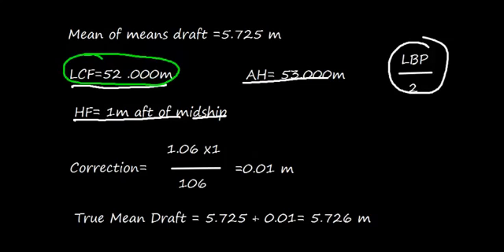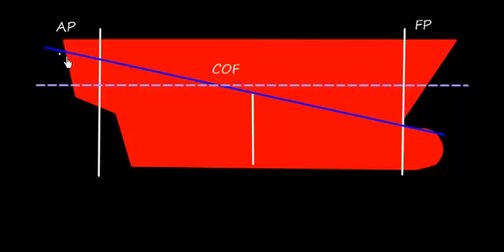Well, let me clarify why we need to add. If we look at here, the vessel is trimmed by the stern. This is your stern trim, and the center of flotation is close to aft. So this needs to be added, and the correction to be added is this one. This is your mid draft.